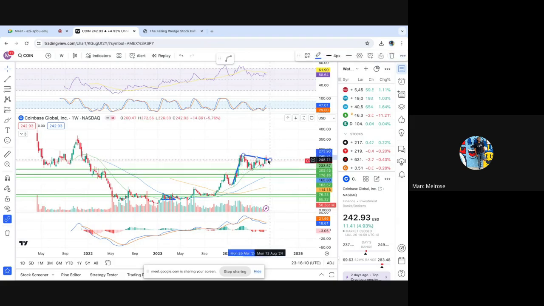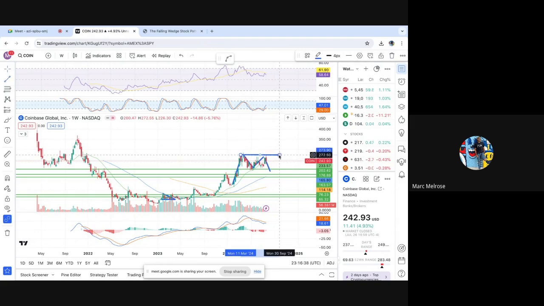So I'm drawing the macro. Because it's testing all of this, I would be just a little bit wary before I get into the trade.